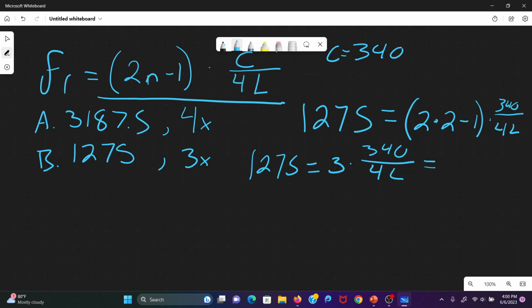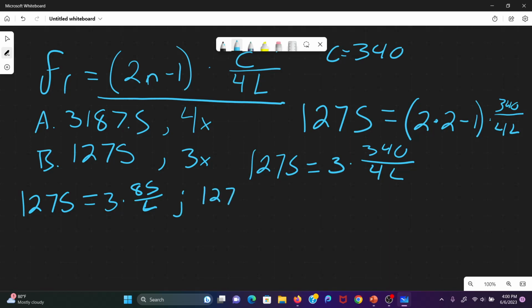Let's make it a little bit more linear. 1275 equals 3 times 85 over L. That's an L. It doesn't look like an L, but it is. What we can do now is multiply 85 by 3, which is 255.